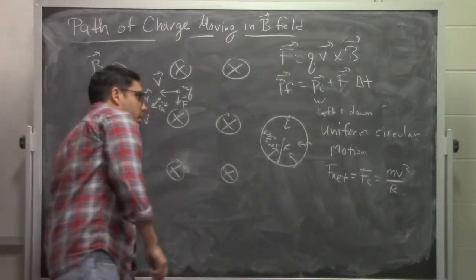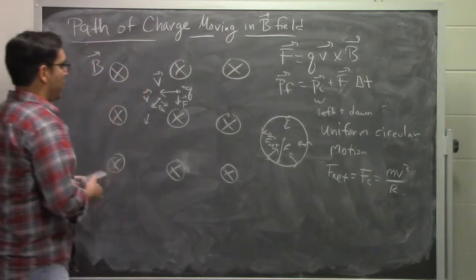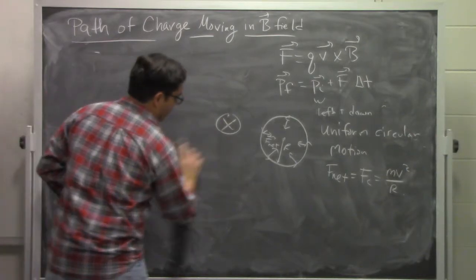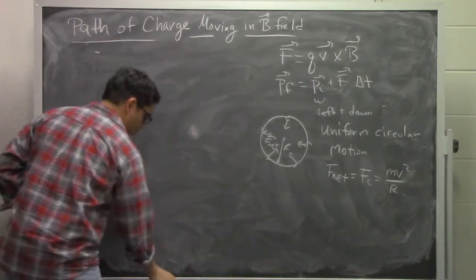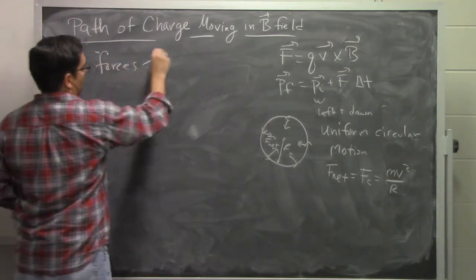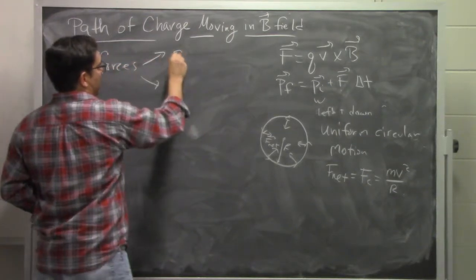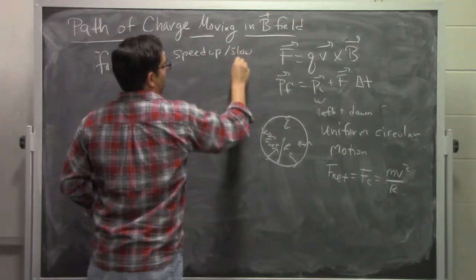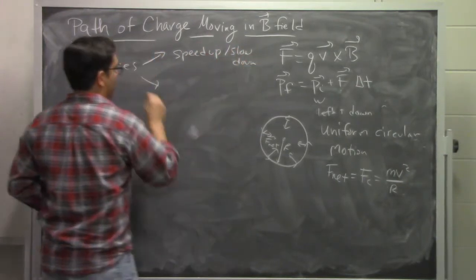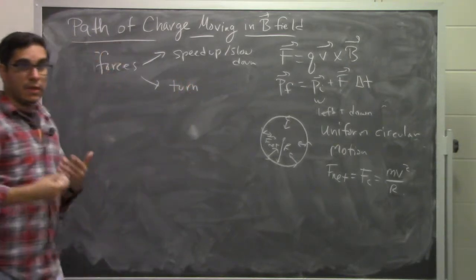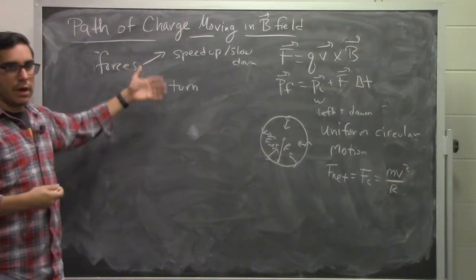Now that's really interesting, because what we learned earlier in mechanics was that forces can do two kinds of things to particles. Forces can either speed up or slow down particles, or they can turn them. They can do both, but they can do either of those things.